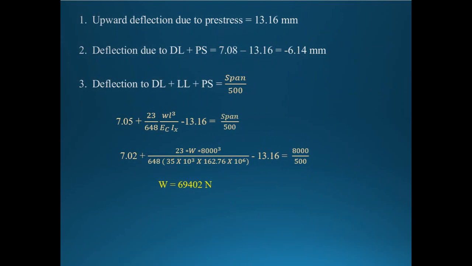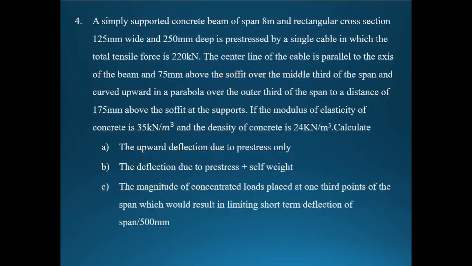So they are asking about that. So directly write the value, that is 13.16 mm is an upward deflection. No need to write the sign here. Upward deflection means it is understood, it has come in negative sign. The second point is the deflection due to pre-stress plus self-weight.